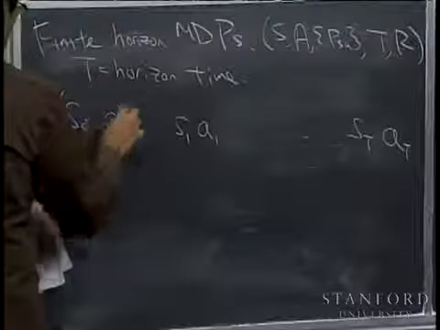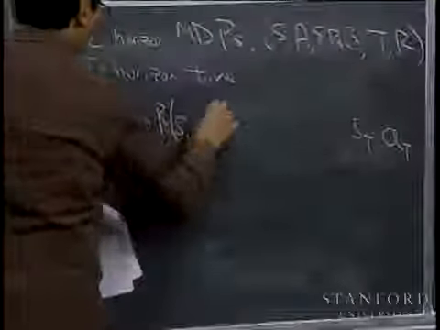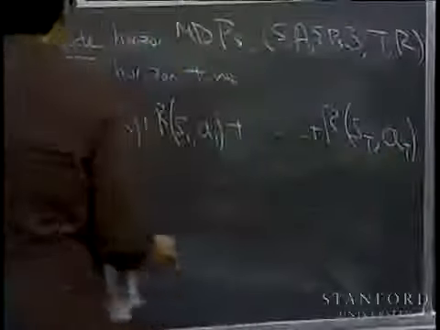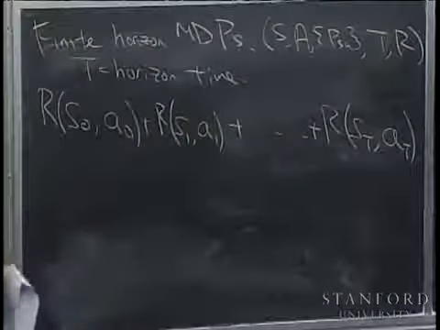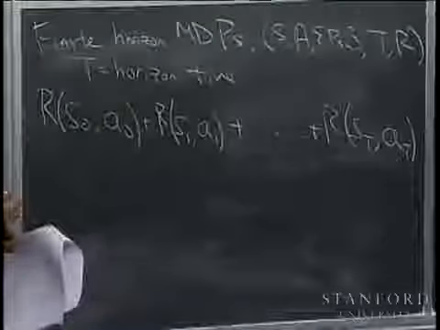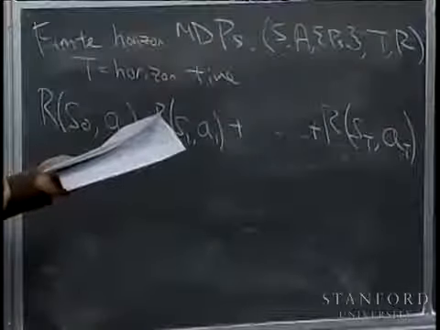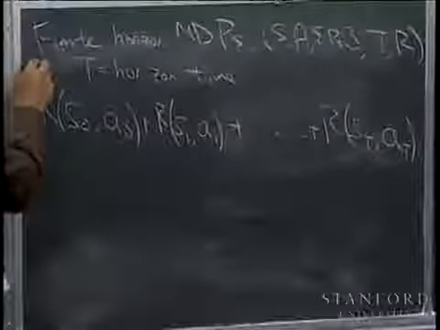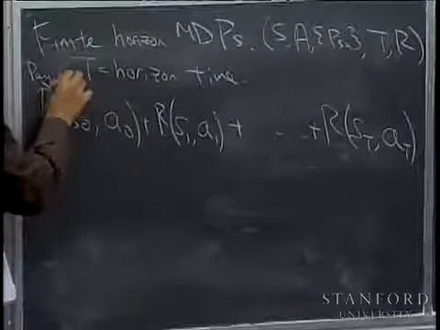And so my total payoff now will be given by this sum from time 0 up to time T of my rewards.